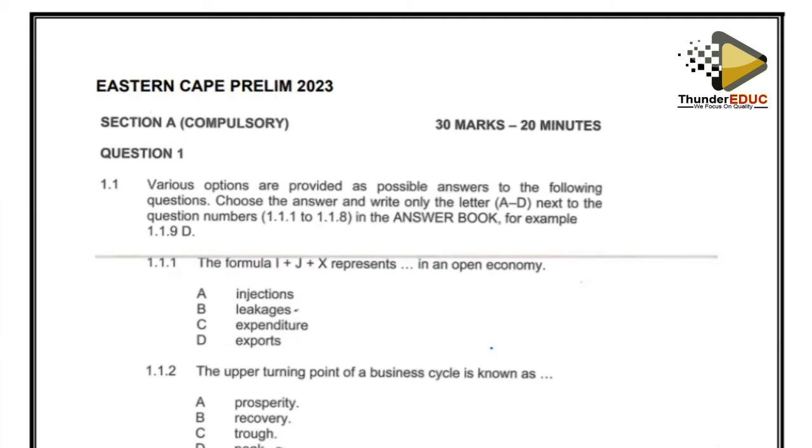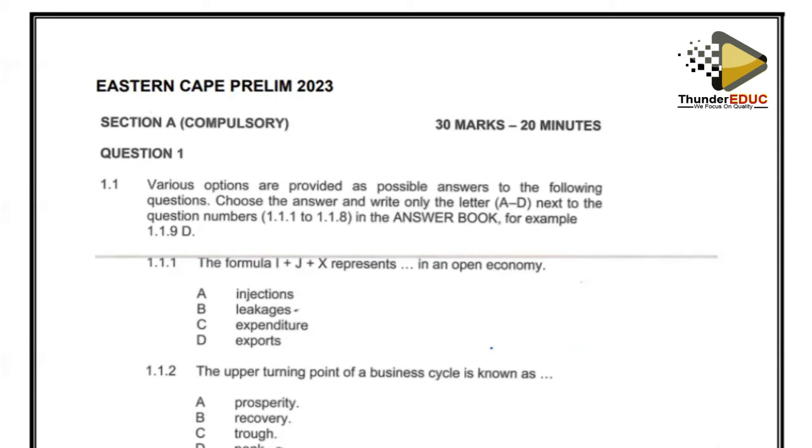So remember, these market participants are decision makers in an economy. And these market participants are the households, the foreign sector, the government, as well as the businesses or firms.